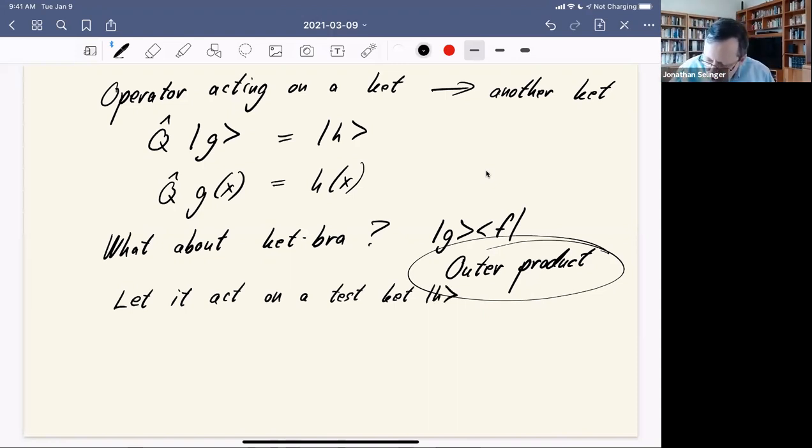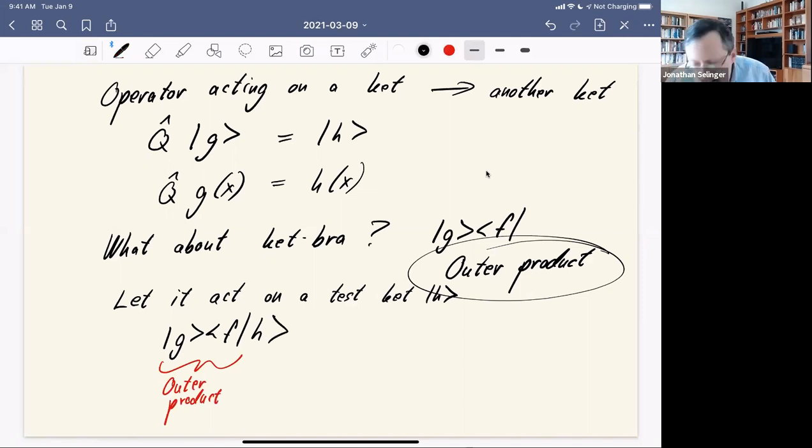If we let the object |G><F|, this outer product, act on a test ket H, look what we have here.